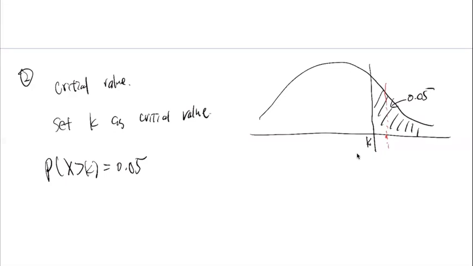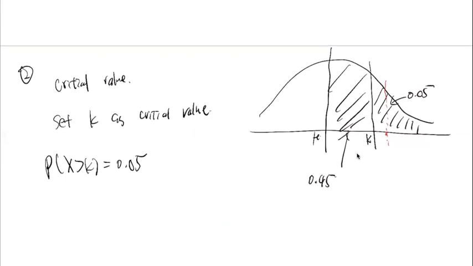The way we solve this problem is again using the z-score to standardize it. We know that this tail area is 0.05, which means that this area is 0.45. So we essentially want the z-score of k corresponding to 0.45.